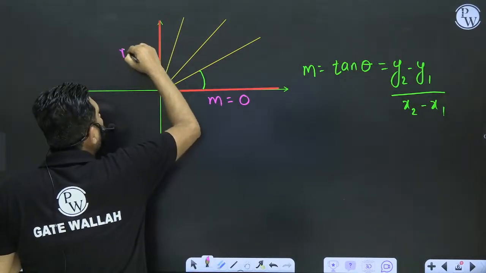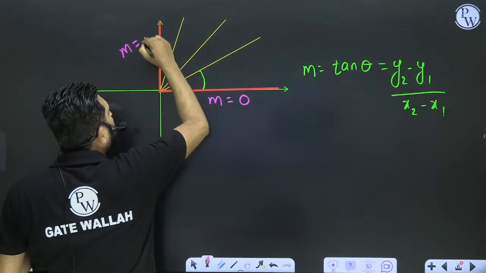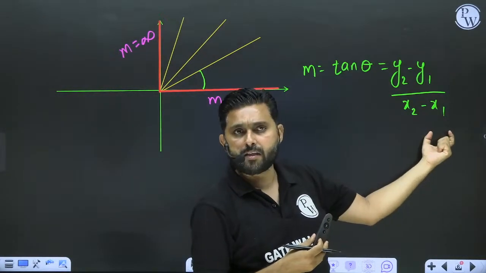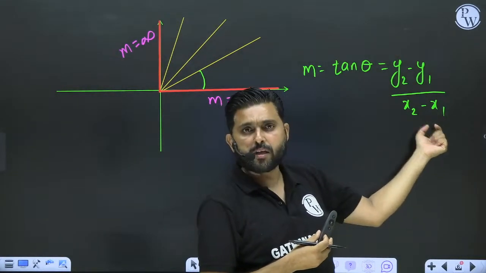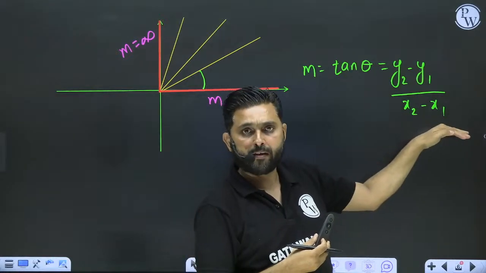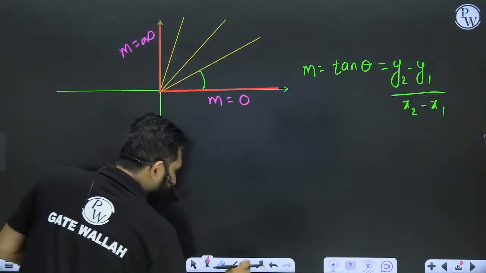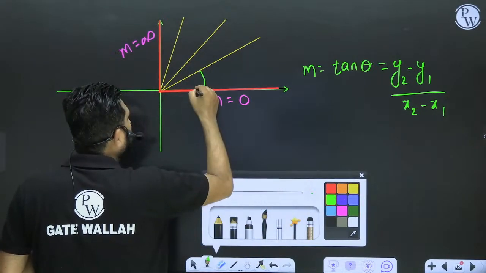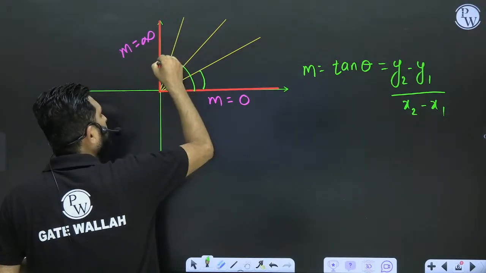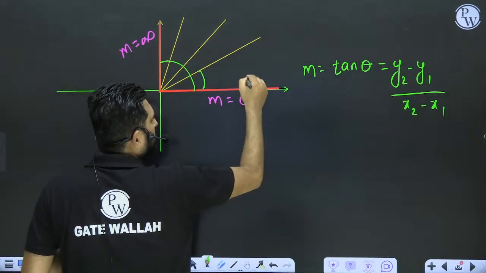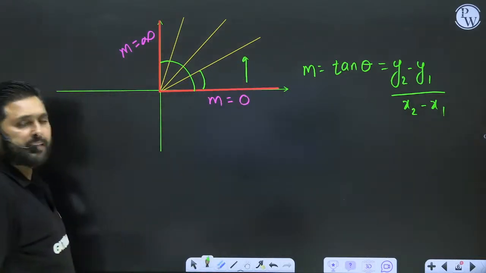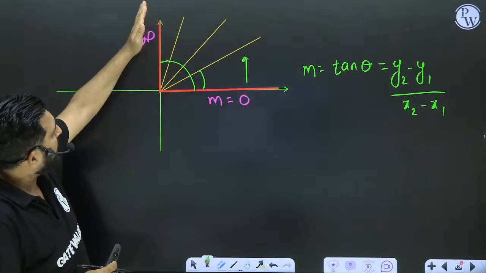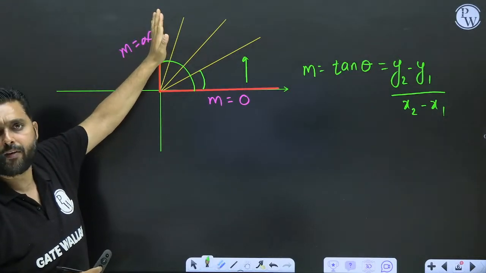M comes out to be infinity. Why? Here change in y is defined, but change in x is 0, and 1 by 0 is nothing but infinity. In between, the slope will increase in this way. That is what increasing slope is. So the slope will start from 0 and go till infinity.